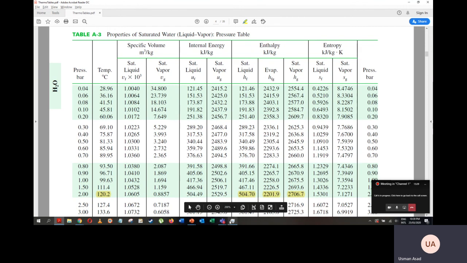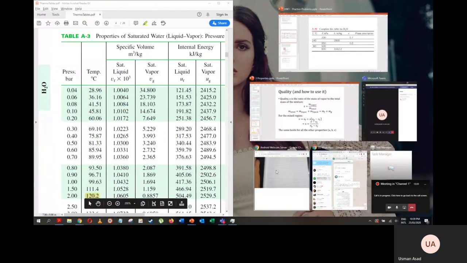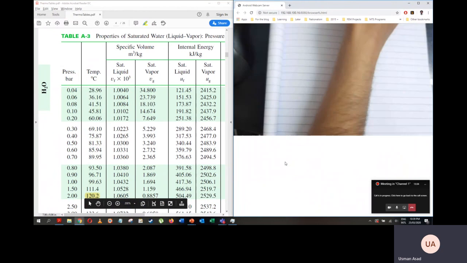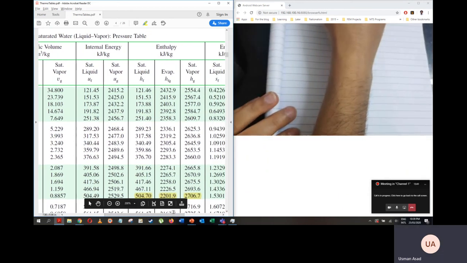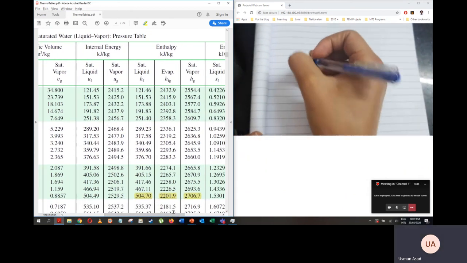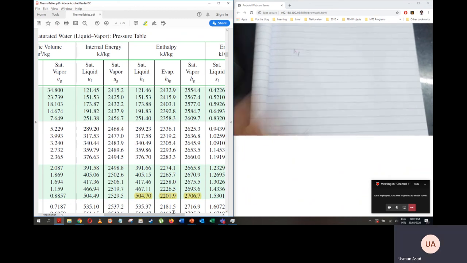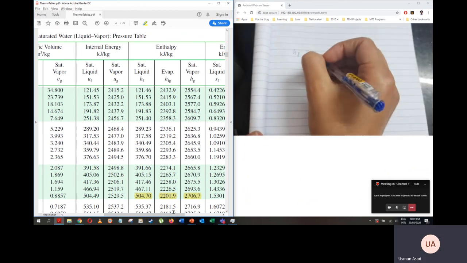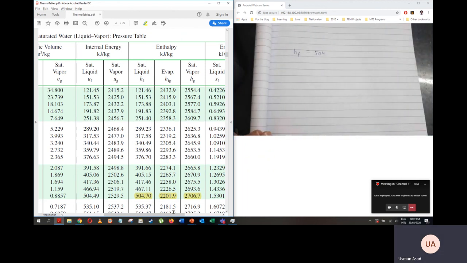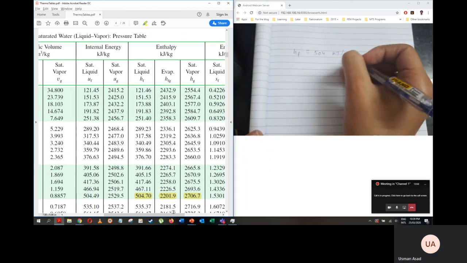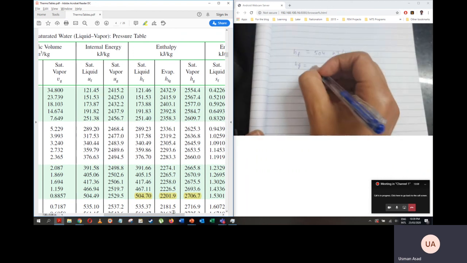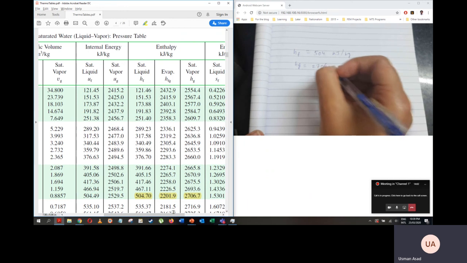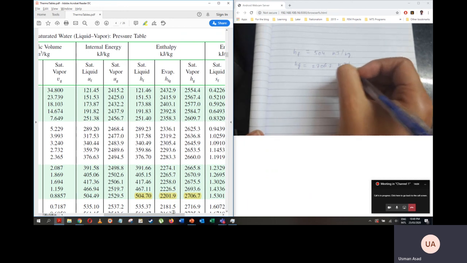So the things that we are looking for, let me just write these values as well, right? हमें चाहिए values of H, right? So we know that HF is equal to 504 kilojoules per kg, and HG is 2706.7 kilojoules per kg.